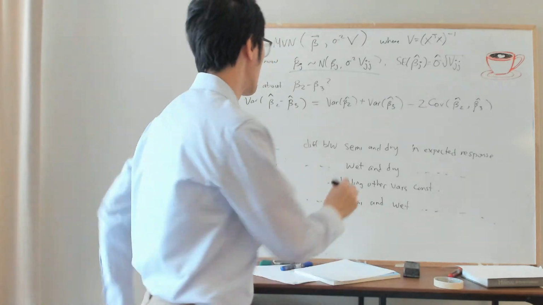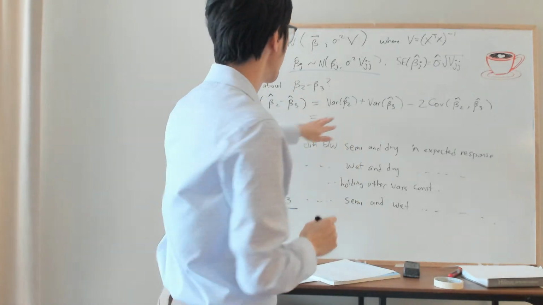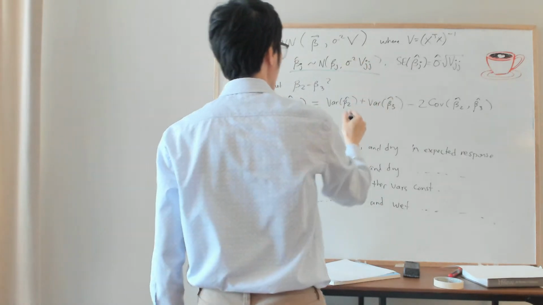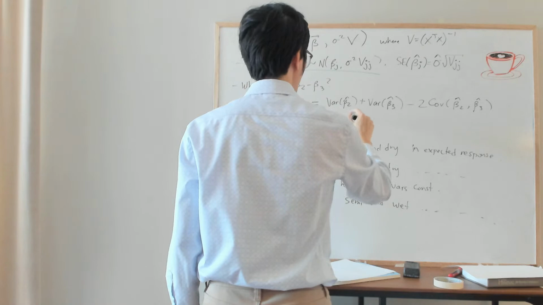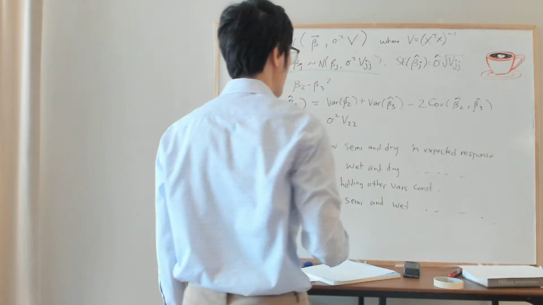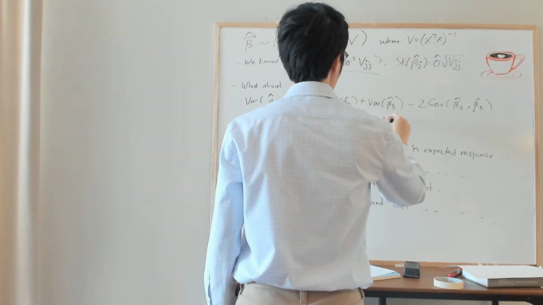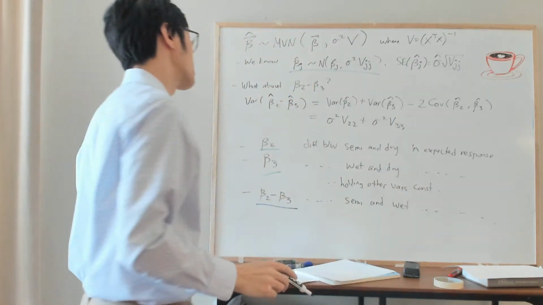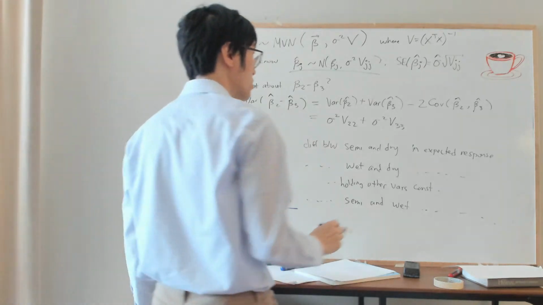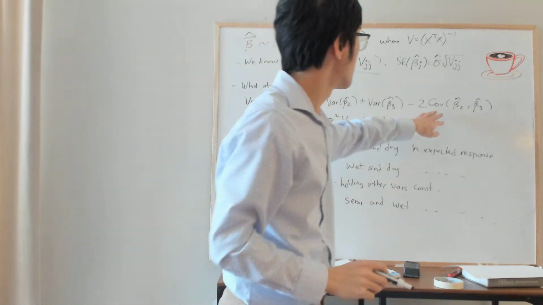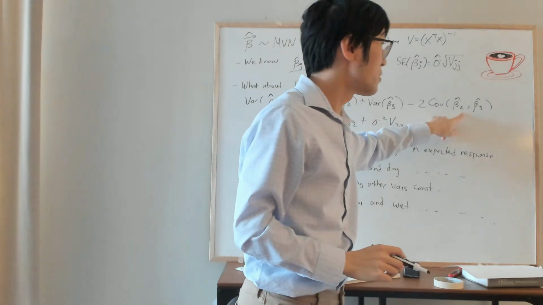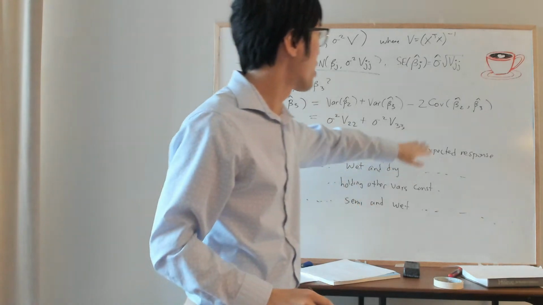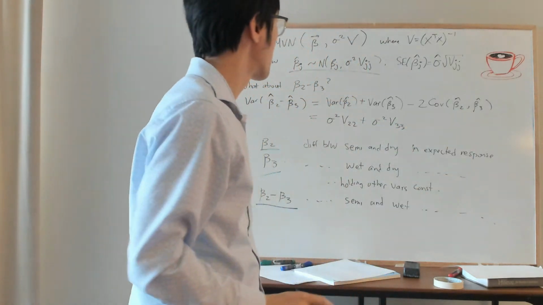Okay, so now what are these? Well, we already talked about the variances. We know they have this form: the variance of beta 2 hat is sigma squared times the second diagonal element, and the variance of beta 3 hat is sigma squared times the third diagonal element. And for the covariance, in this case we have to look at one of the off-diagonal terms. So this is one example where these off-diagonal covariance terms come into play.